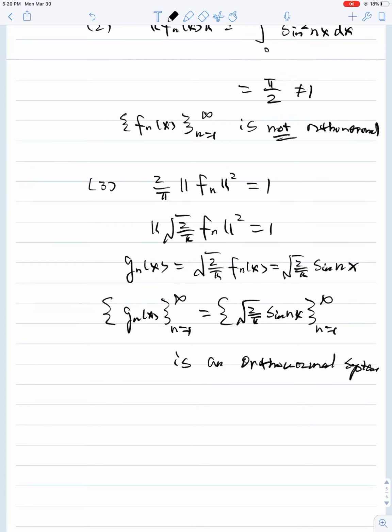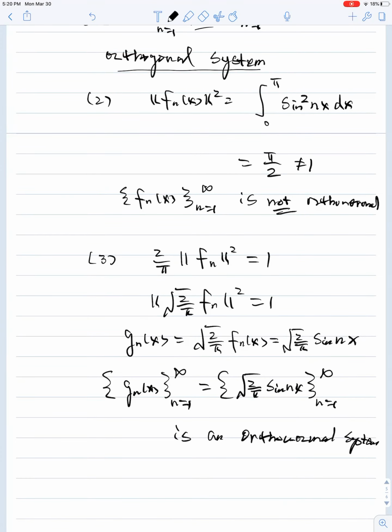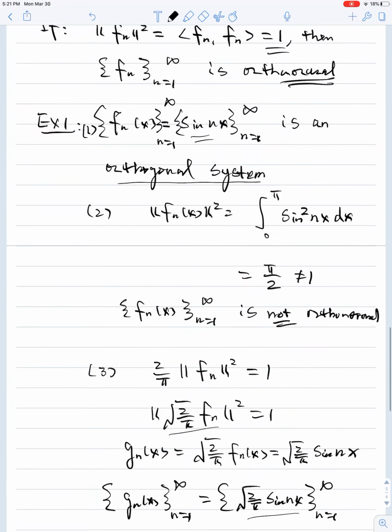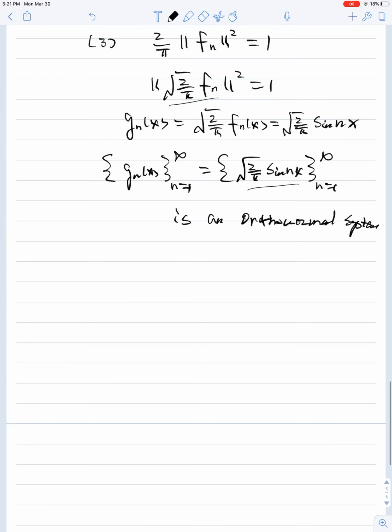This process is what we call normalization. You just divide both sides by a constant, and then you get an orthonormal system.